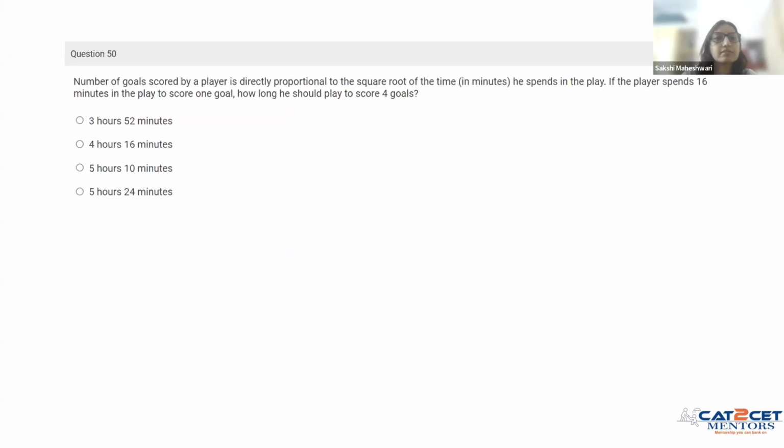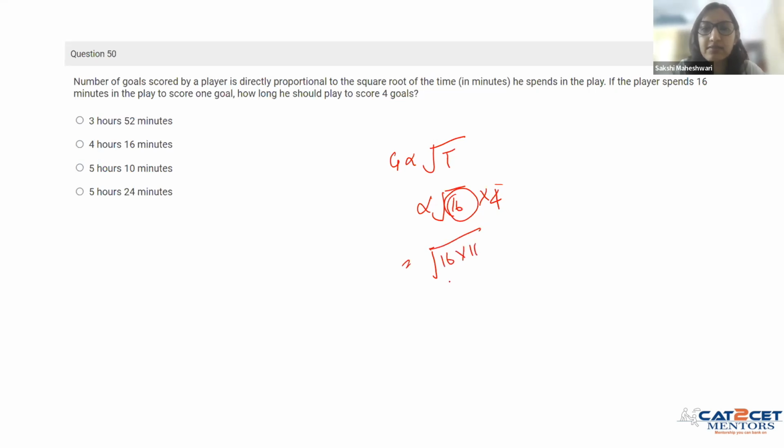Now here the number of goals is directly proportional to the square root of time. If he spends 16 minutes to score a single goal, for 4 goals the time will be multiplied by this. If it has to go under the square root, it will be 16 into 16.